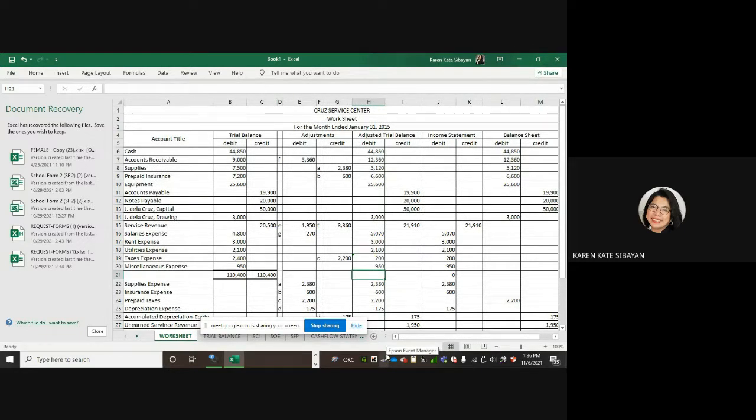Makikita mo yan sa balance sheet. Meron ka bang additional investment?